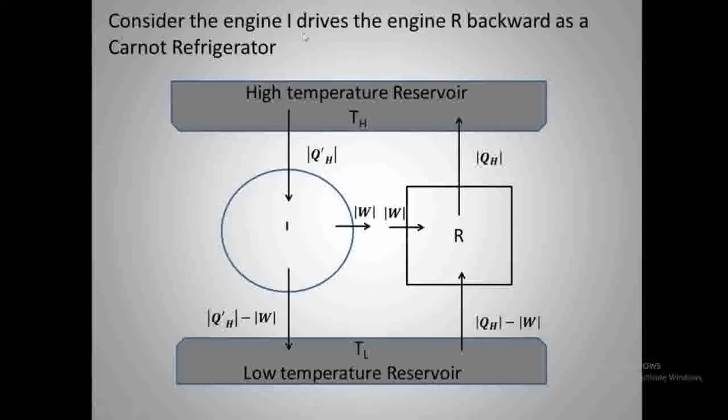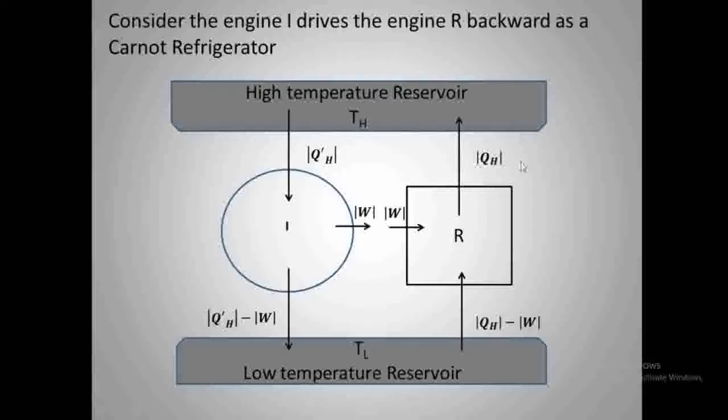So consider engine I drives the engine R backward as a Carnot refrigerator. The work given by the irreversible engine is W. The irreversible engine extracts Q dash H quantity from the high temperature reservoir, and it delivers W quantity of work to the surroundings, and the remaining energy, Q dash H minus W, is delivered to the low temperature reservoir.